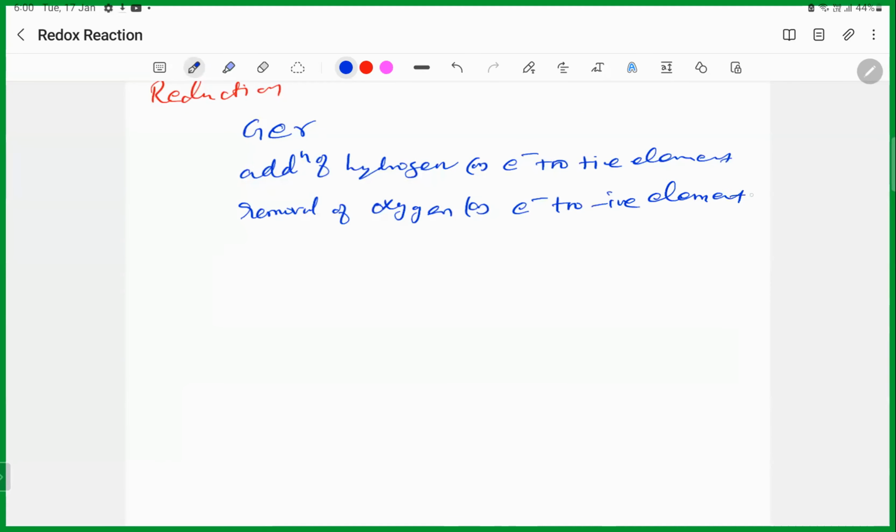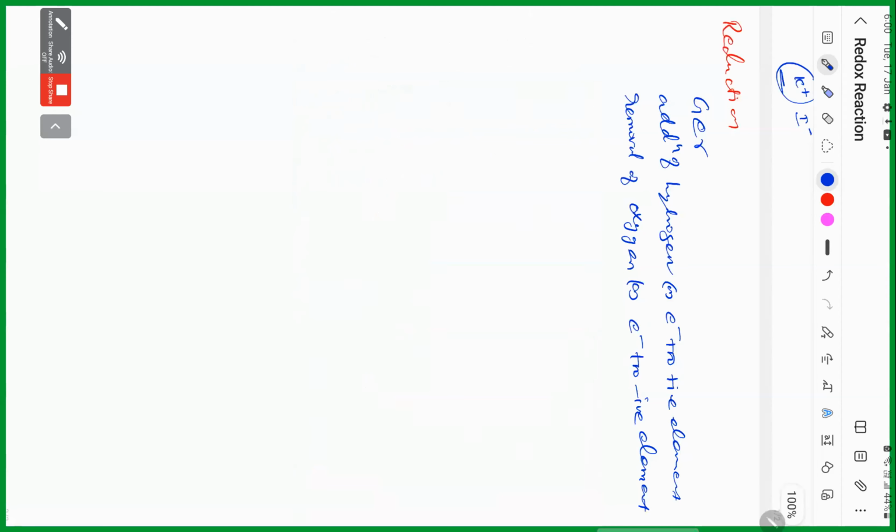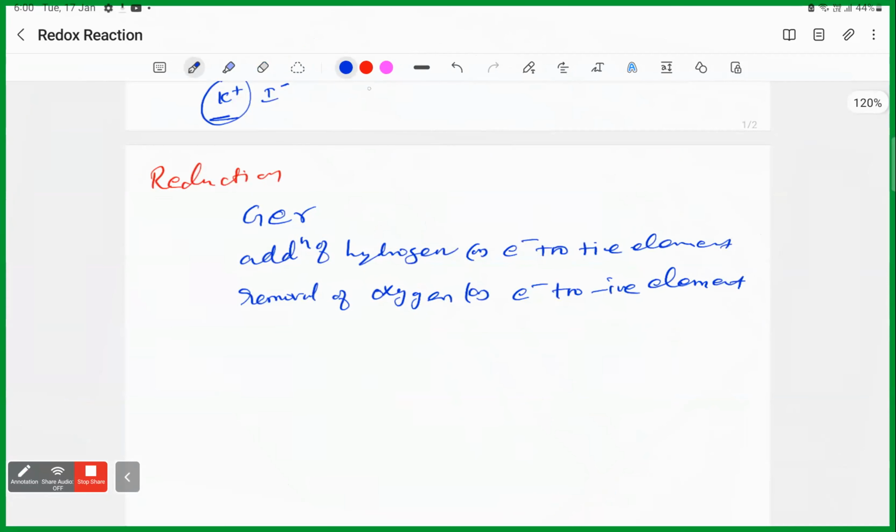By this way, you can consider the reduction reaction. So we'll see how it becomes a reduction. Take an example.